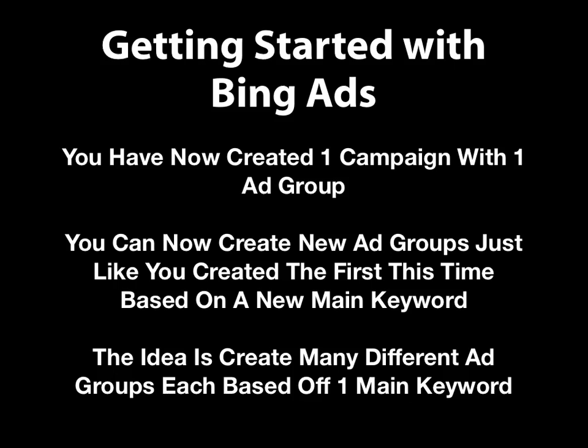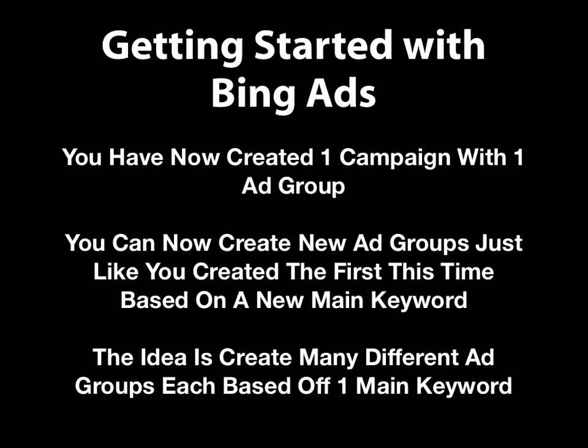So you have now created one campaign with one ad group. And what you can now do is create new ad groups just like you created the first, this time based on a new main keyword. Like we started our keyword grouping, our first ad group was based on woodworking plans.